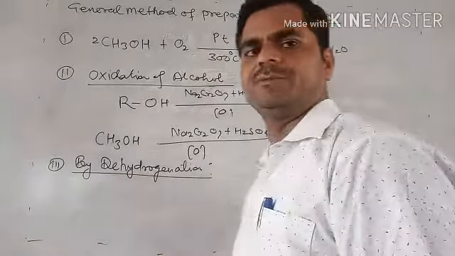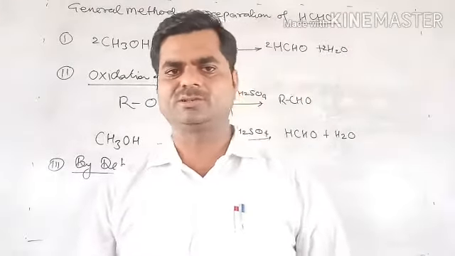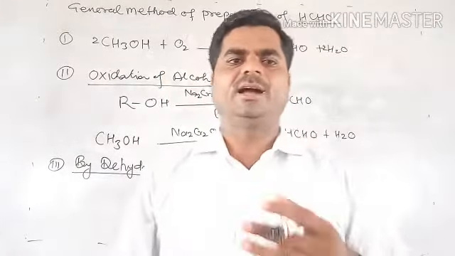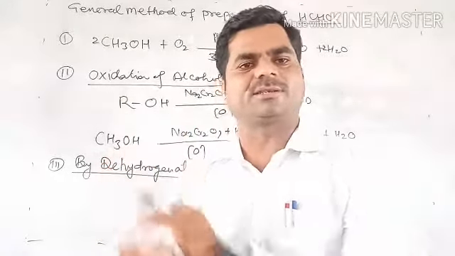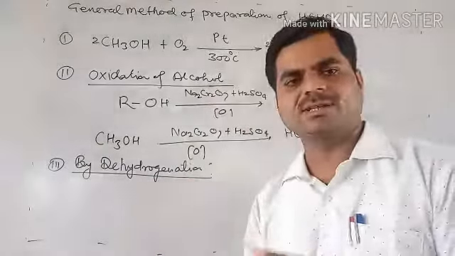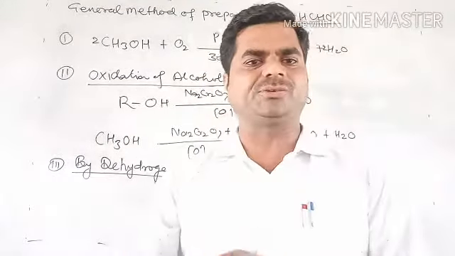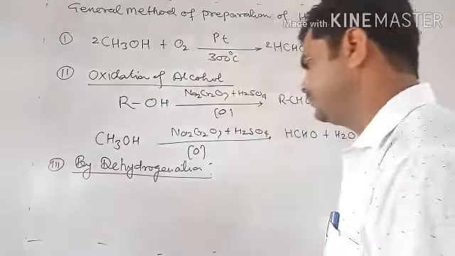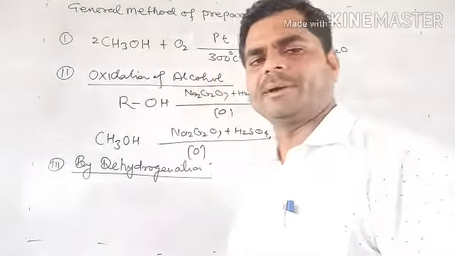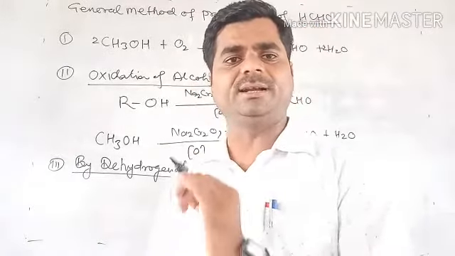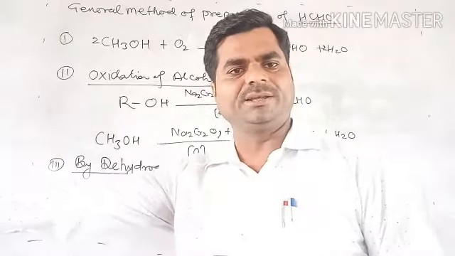Dehydrogenation is a process in which hydrogen is removed from a compound, and the process in which a molecule reacts with hydrogen is called reduction. Once again, dehydrogenation is the process in which hydrogen is removed from a molecule. When alcohol is heated at 300 degrees Celsius in the presence of a copper catalyst, the alcohol converts into aldehyde.